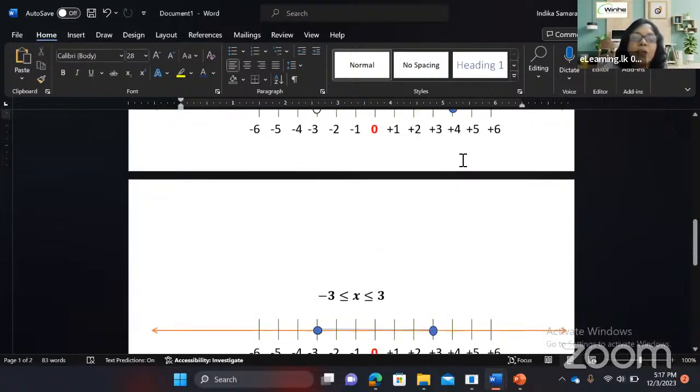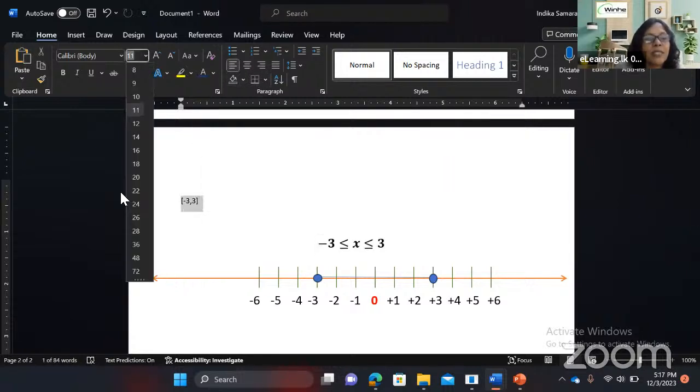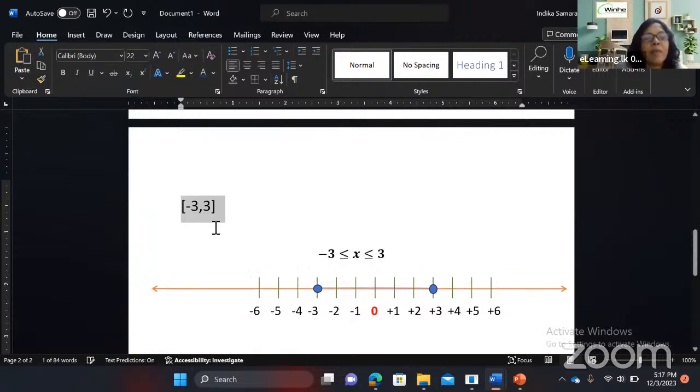If both are closed, then you have to color both points, right? -3, +3. If it is a closed interval, then you should represent it using square brackets. And when you're writing it as an inequality, you have to write it as x is greater than or equal to -3 and less than or equal to +3.